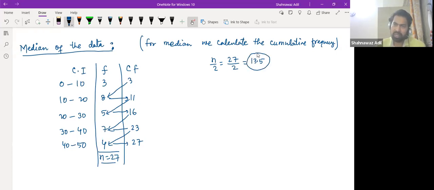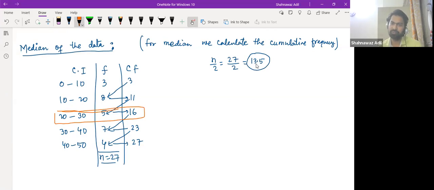So now in the cumulative frequency, we check where is this 13.5 or greater than 13.5. So where is that? Between 11 and 16. So this one, 16, right? 16 is greater than 13.5.